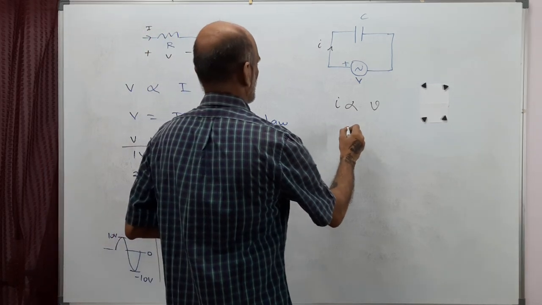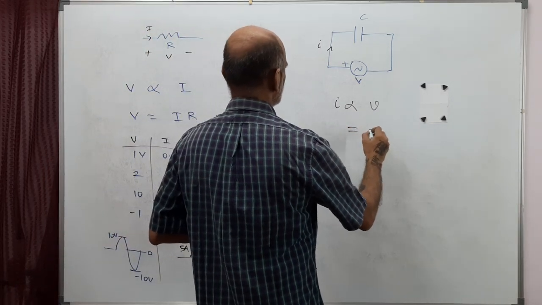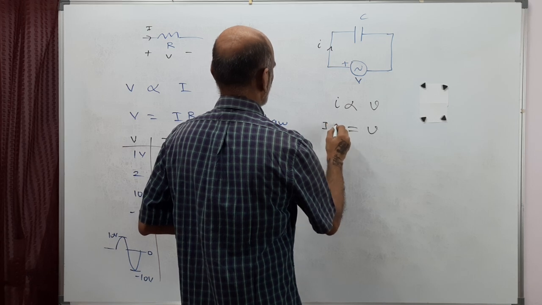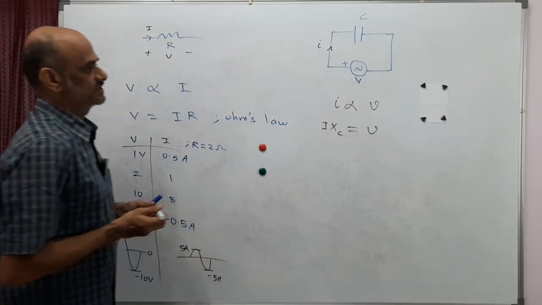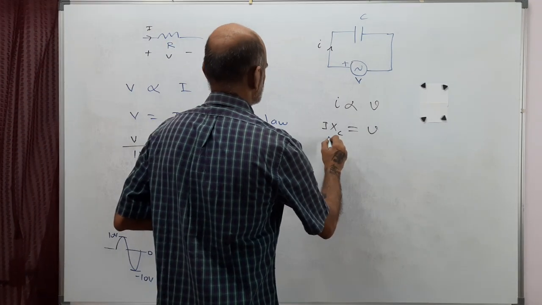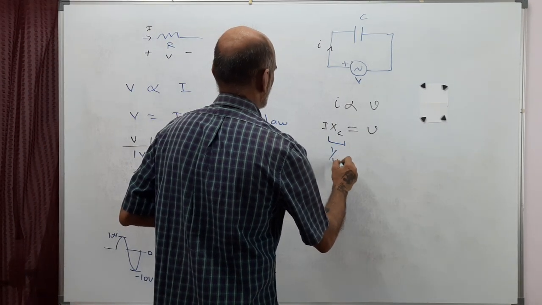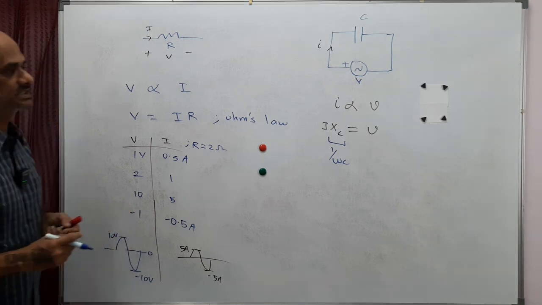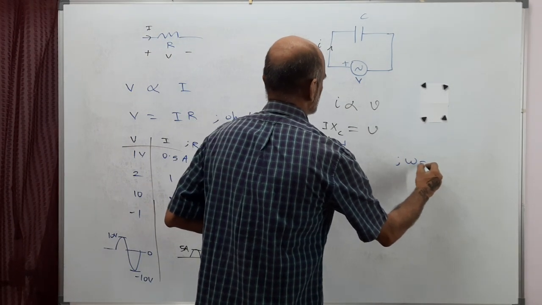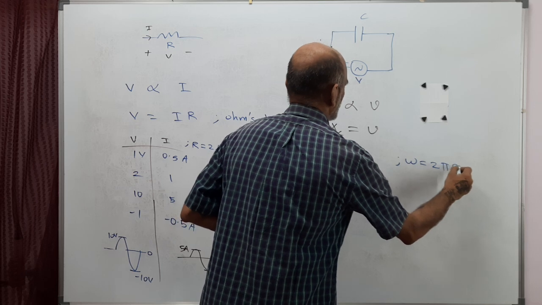Similar to Ohm's law for a resistance, we can also have Ohm's law for a capacitor, V equal to the current I into the capacitive reactance XC. XC, the capacitive reactance, is 1 by omega C, where C is the capacitance value, and omega is the angular frequency, which is related to the time frequency as 2 pi f.